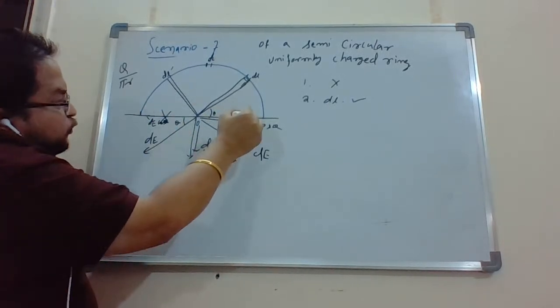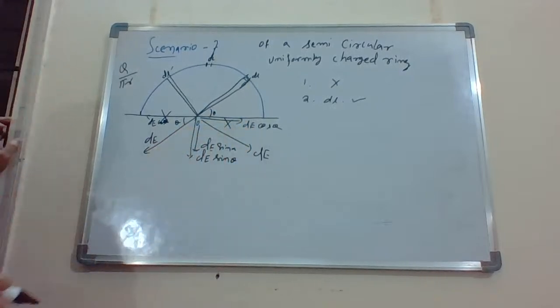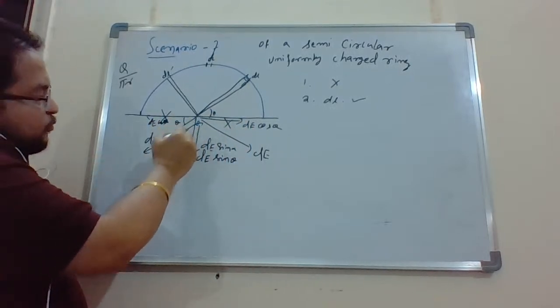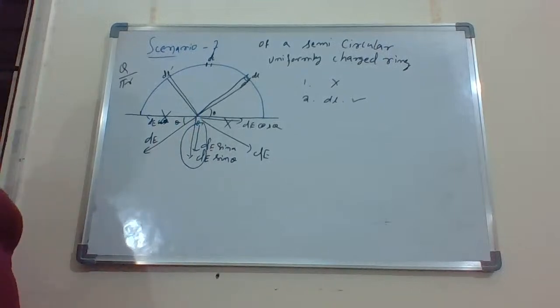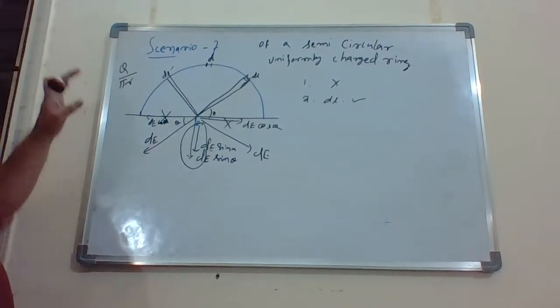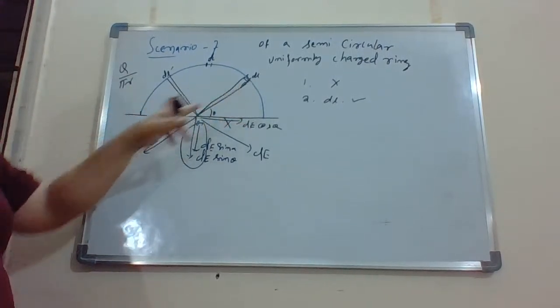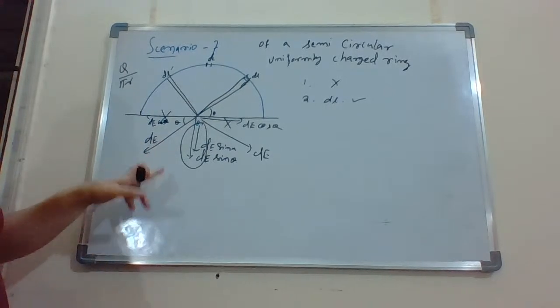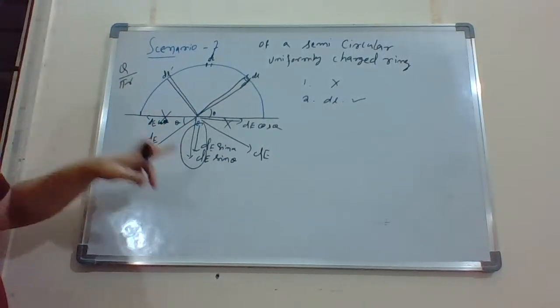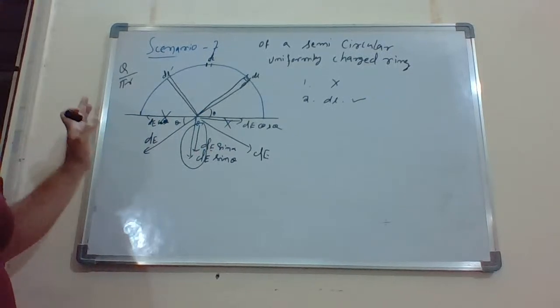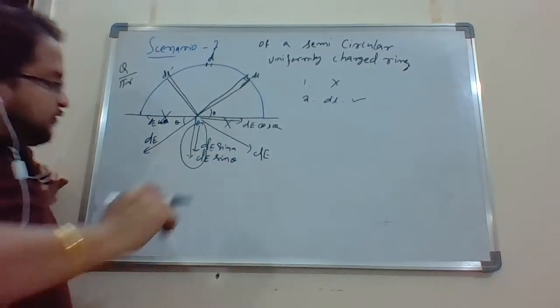Obviously, these two vectors will cancel each other, and the resultant would be only this one. Now the problem is solved. So we have got the interval, we have got the force, and obviously we know which components are cancelling out. The rest is mathematics.